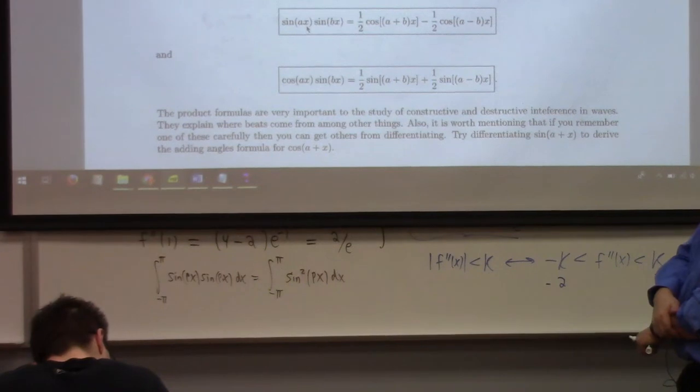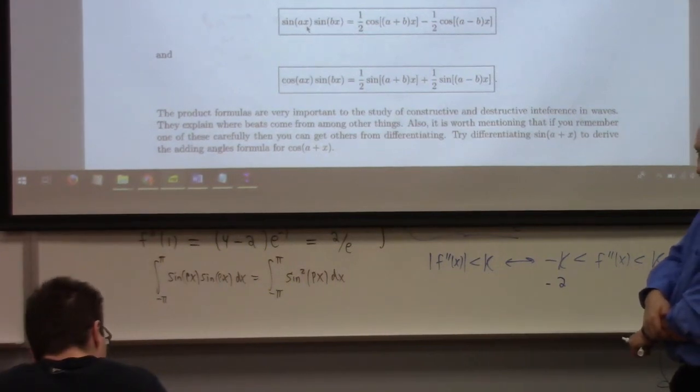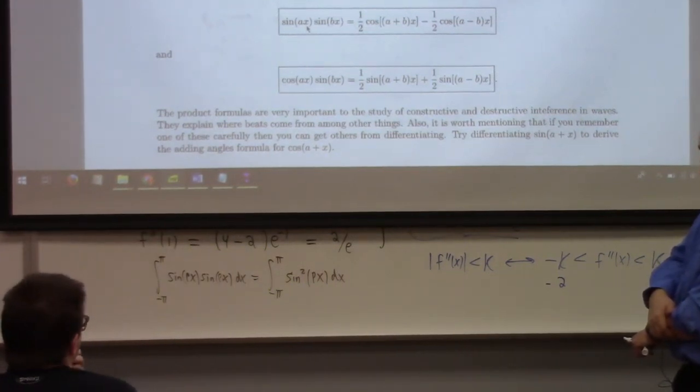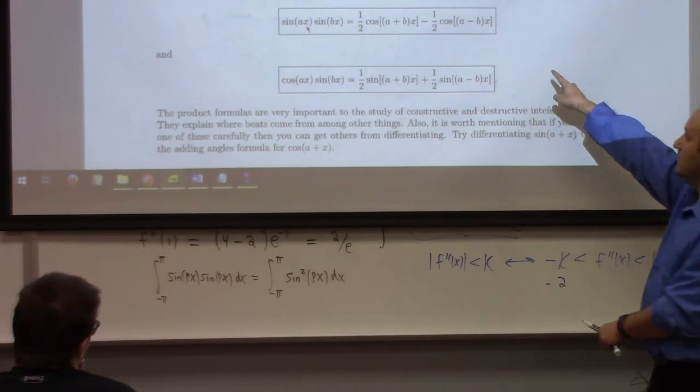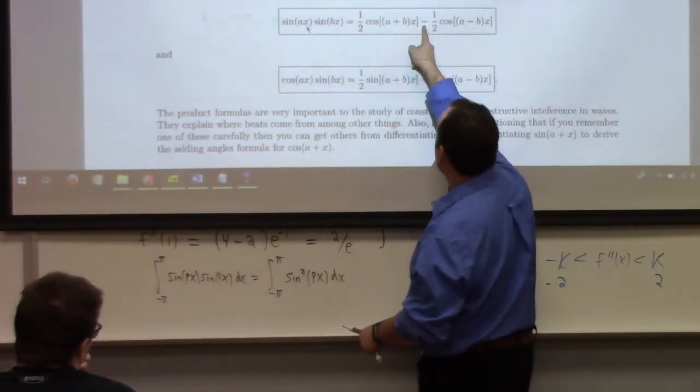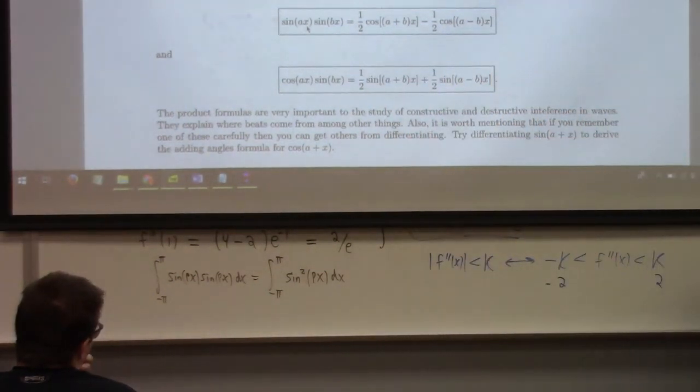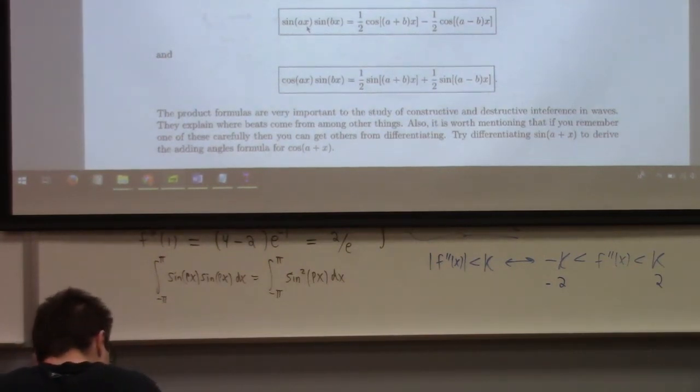When I plug in a equals b, I should recover sine squared as 1/2 of 1 minus cosine 2ax, and I'm not doing that. This is off by a sign. That's supposed to be minus. This is supposed to be plus. So this won't change your work if you've already gone through it, right?